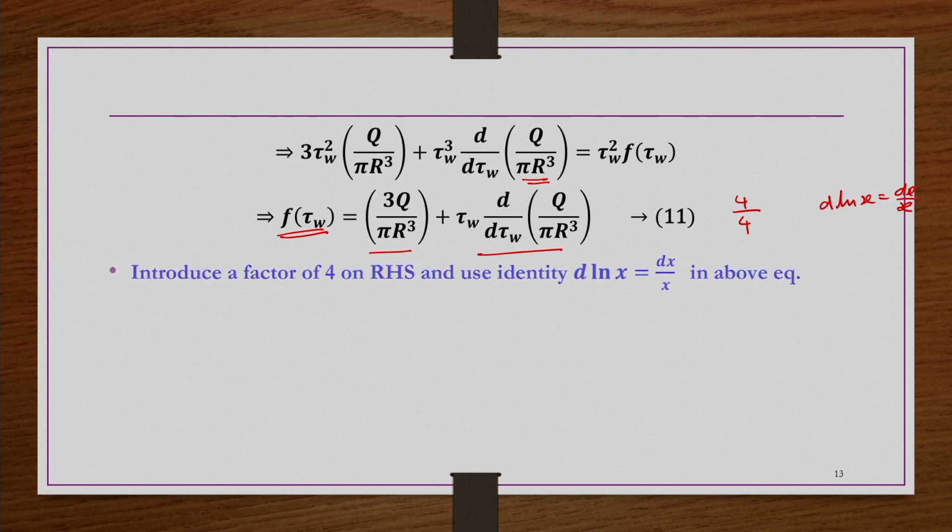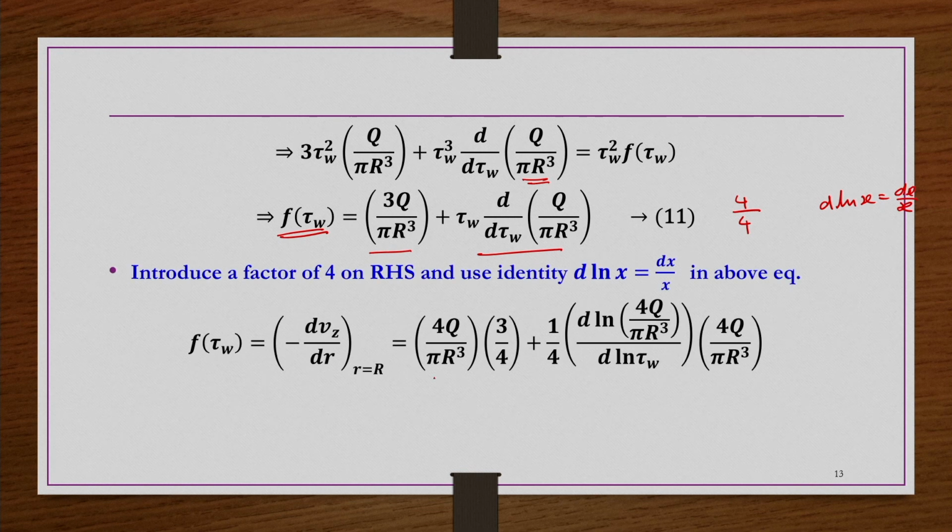So, we can write 4 q by pi R cube multiplied by 3 by 4 as the first term in the RHS. Second term in the RHS we can write as 1 by 4 d ln 4 q by pi R cube divided by d ln tau W multiplied by 4 q by pi R cube.